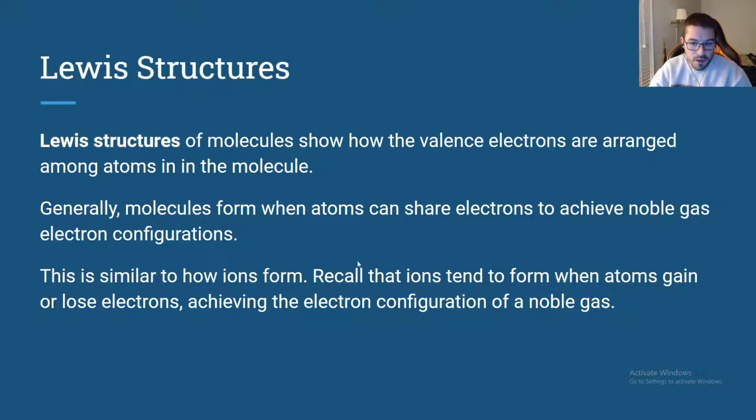Ions form when atoms gain or lose electrons to achieve the electron configuration of a noble gas, okay? And it's the same story with covalently bonded molecules, except they just achieve that electron configuration in a different way. Instead of gaining or losing electrons, they share them with each other to achieve that noble gas electron configuration.